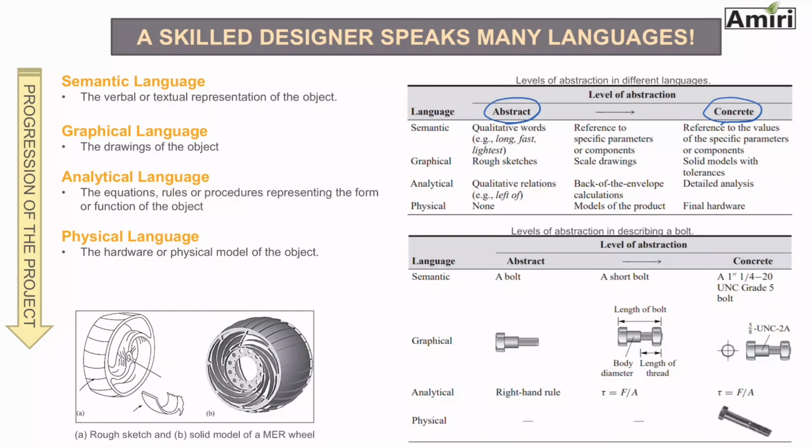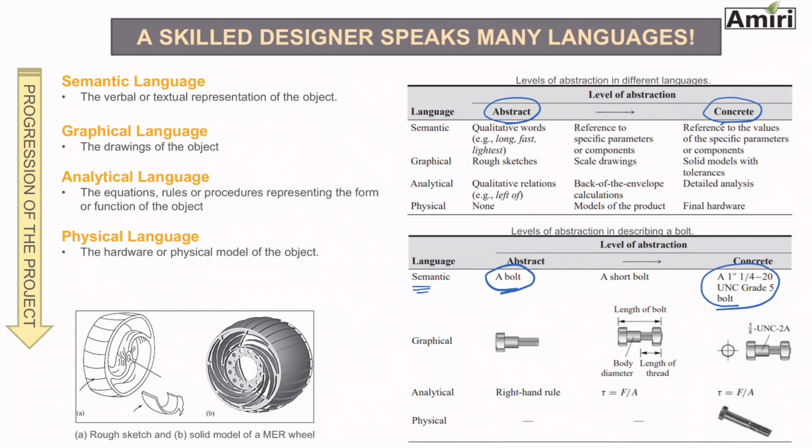Again, here's an example. For a bolt, levels of abstraction in describing a bolt. In semantic language, total abstract would be a bolt. You move more towards concrete, you provide more explanation. Graphical language would be drawing it, as you can see for the bolt example here. Again, you can go from very abstract to very concrete.